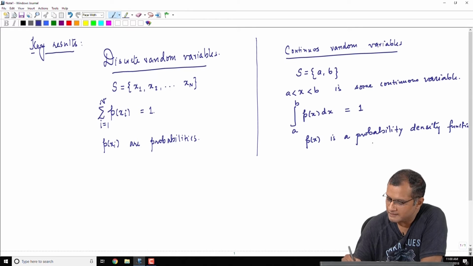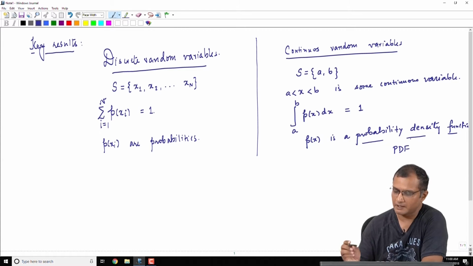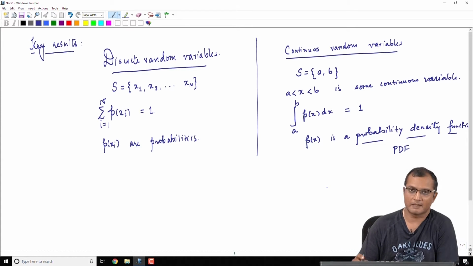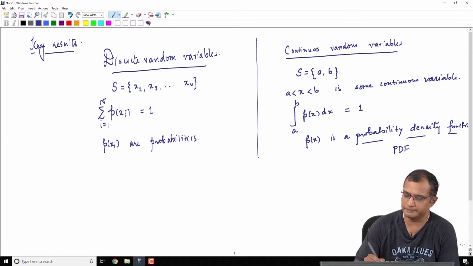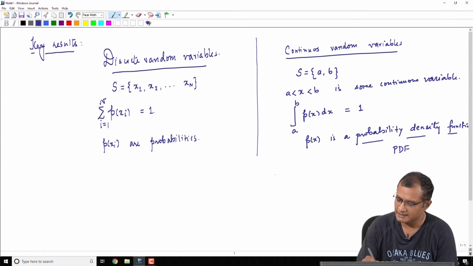We are also calling this PDFs. Okay. So, this is a dimensional quantity, which has the dimensions of 1 upon x, and the notion of p of x is basically the following.